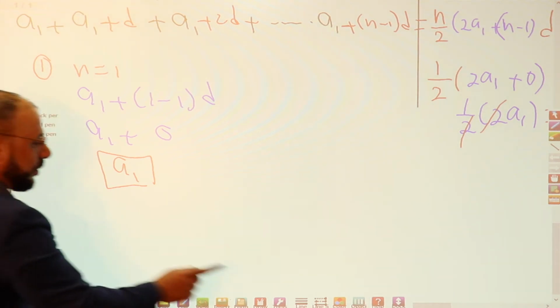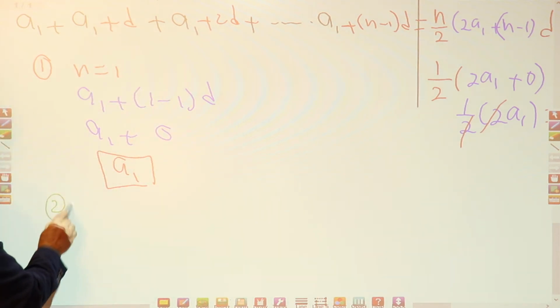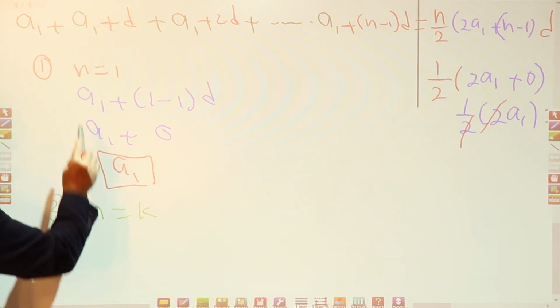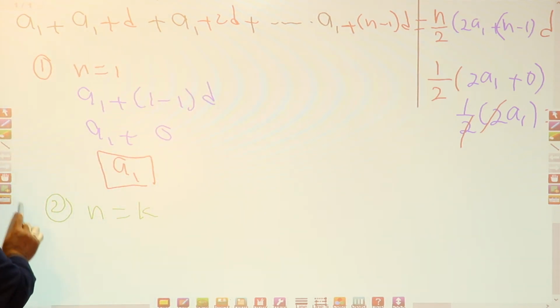The second step, we're going to prove it when n equal k. When n equal k, all we have to do is change any n in the equation to k.